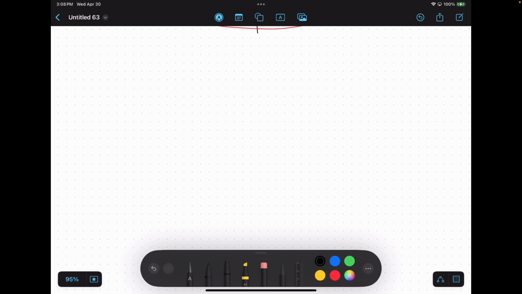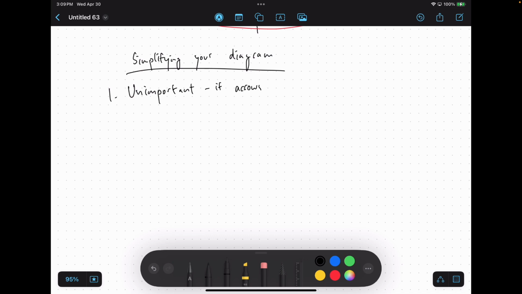Simplifying your diagram. One, if arrows are tiny or unimportant, you can probably remove them.